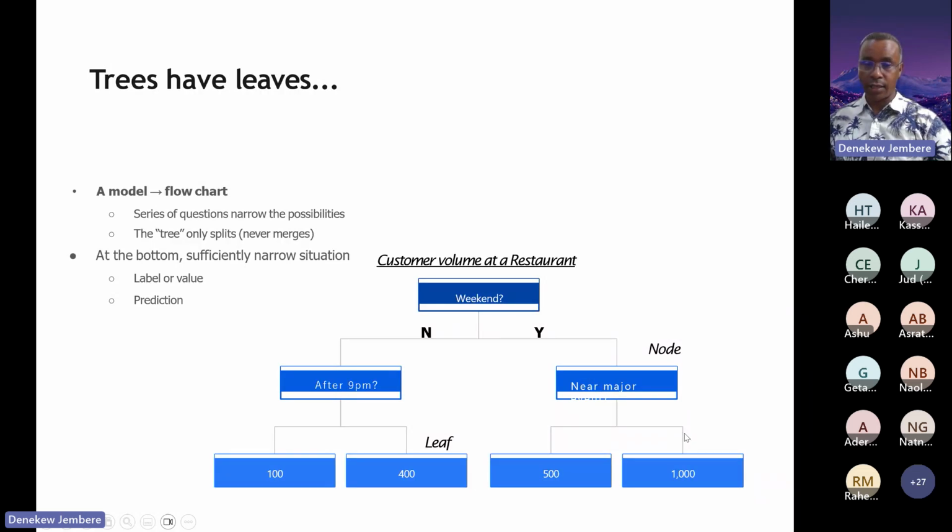If it is yes, we might predict it could be 1,000, or the other to 500. Or if it is not the weekend, then on a weekday, is it after 9 p.m.? If it is yes, we go about 400, or no, we go about 100. So this is how we basically classify.